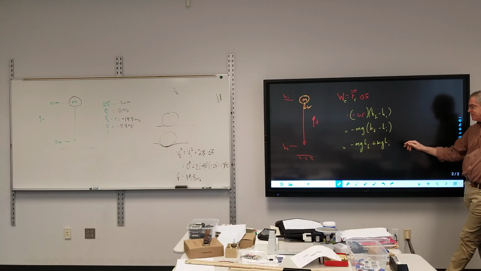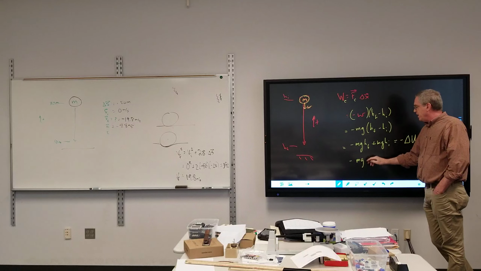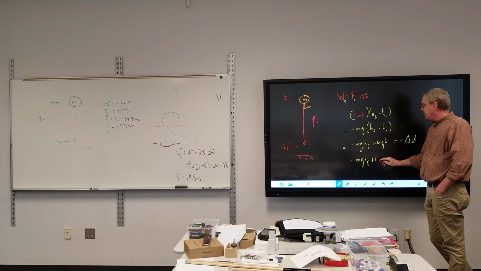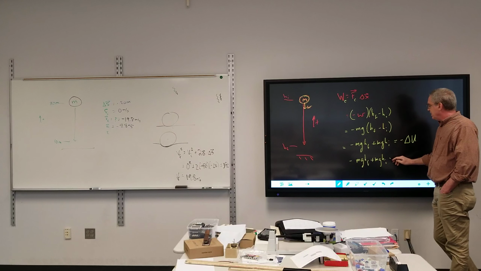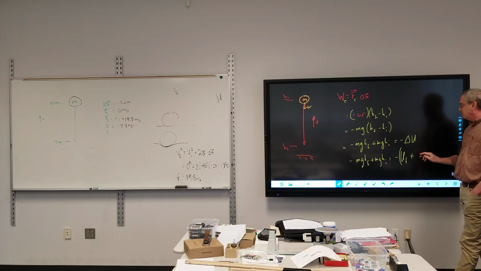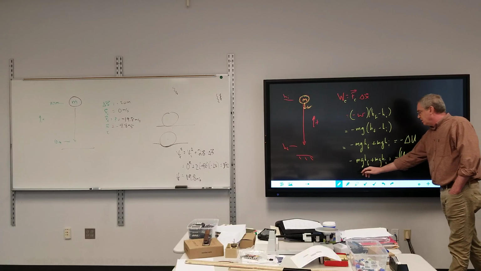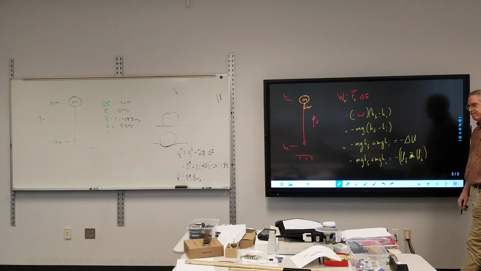As we talked about last time, that should be equal to the negative change in potential energy. So what I have here is negative mgHF plus mgHI is equal to the negative of final potential minus initial potential energies.